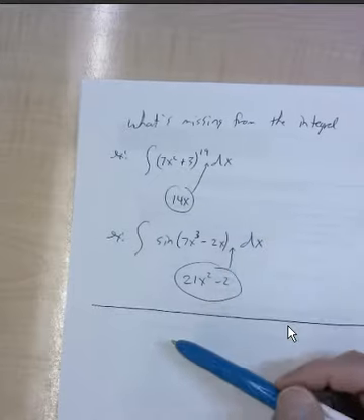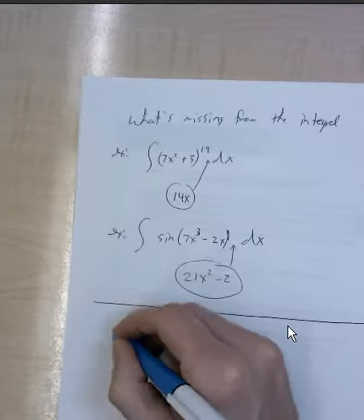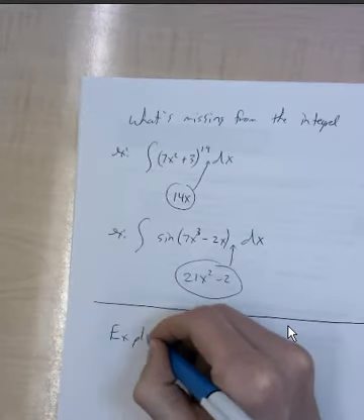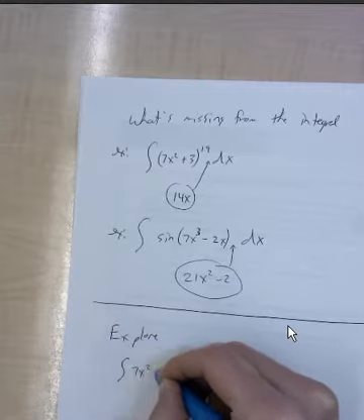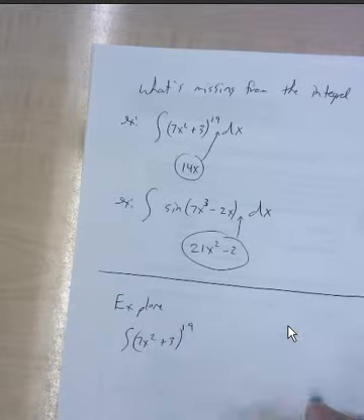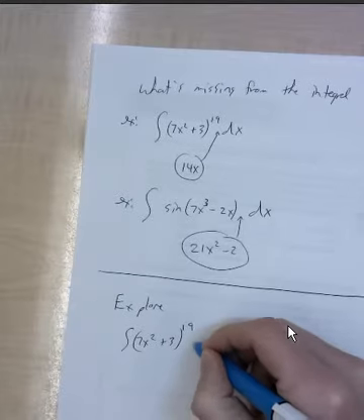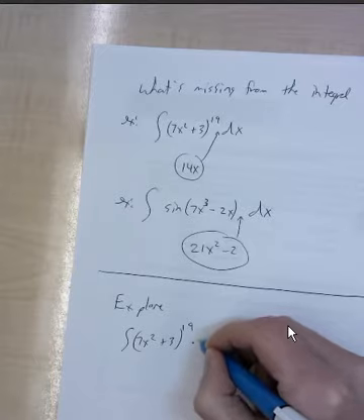Okay. So let's re-explore this one here. We're exploring again the integral of 7x squared plus 3 to the 19th power times 2x dx.